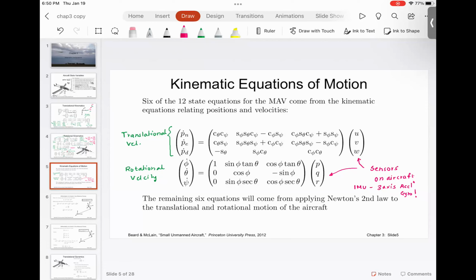So these equations are solved recursively but together, because you get UVW and you get PQR from the sensor, you integrate it, you find out the roll, pitch, yaw, feed that into the top equation, and then recursively get this input and find out Pn dot, Pe dot, and Pd dot. Everyone understood this?